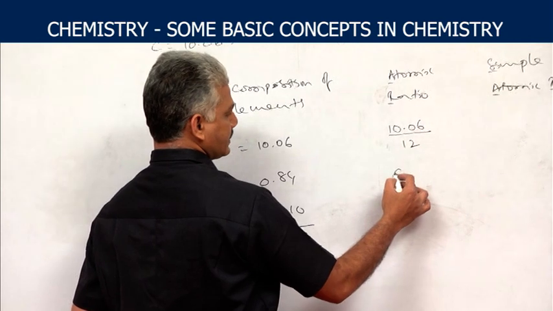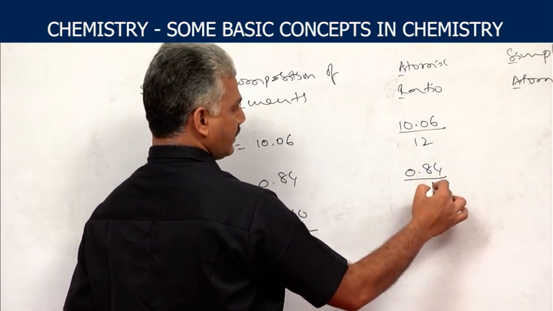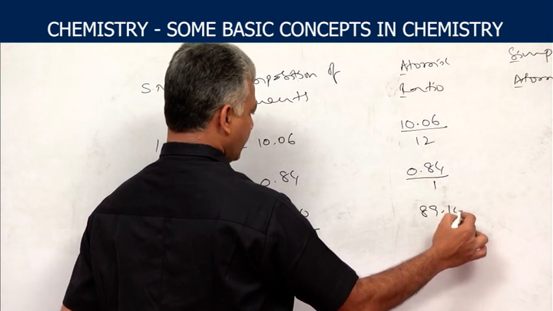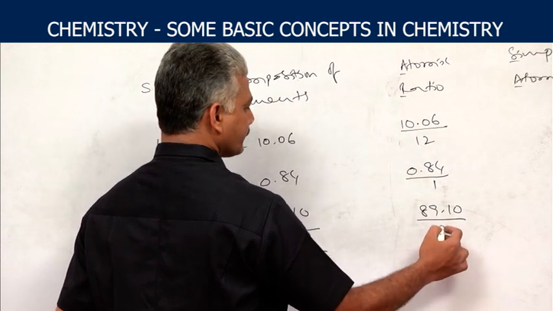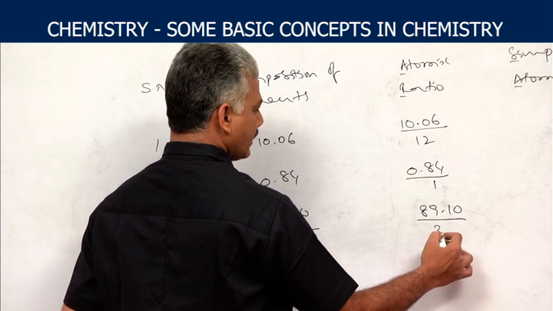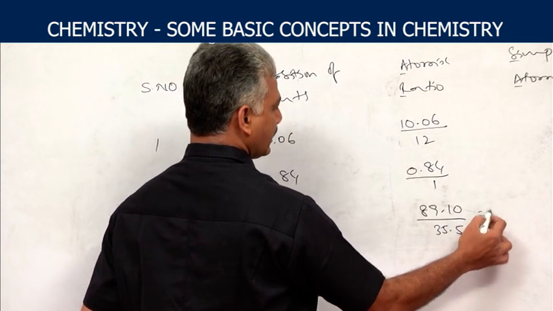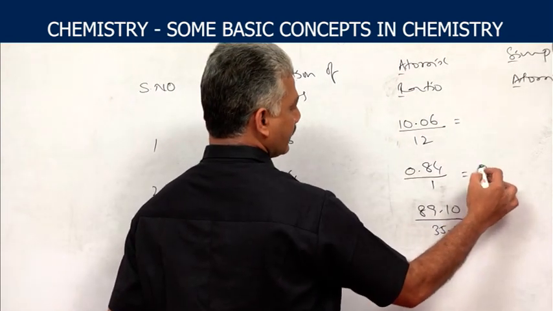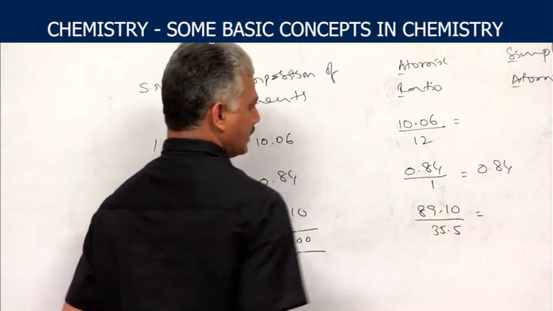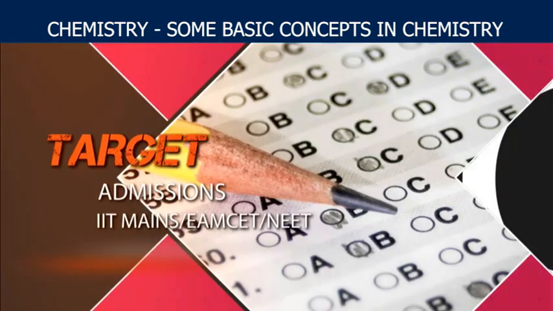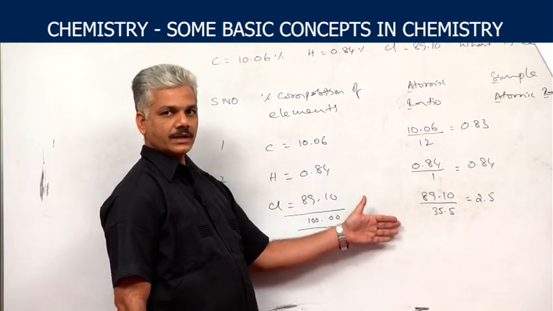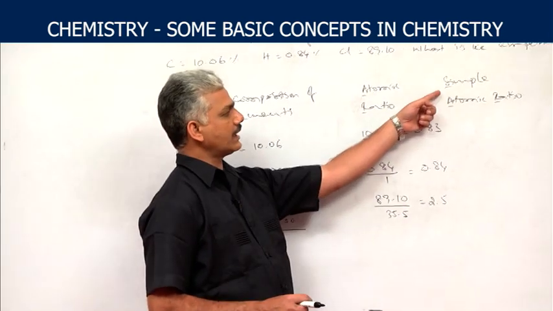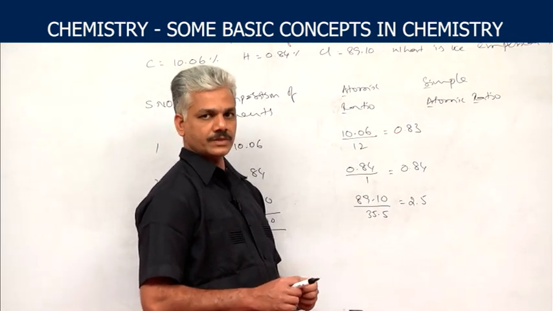That of hydrogen is 0.84 by 1 and that of chlorine is 89.10 by 35.5. 35.5 is the atomic weight of chlorine. Once you get the atomic ratio values, you can proceed to the next stage, that is calculation of simple atomic ratio.